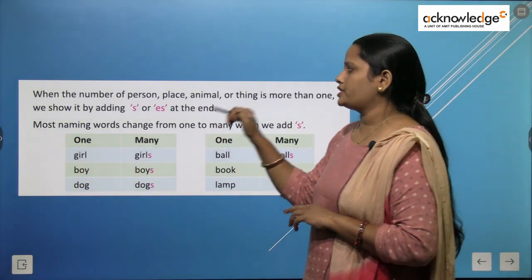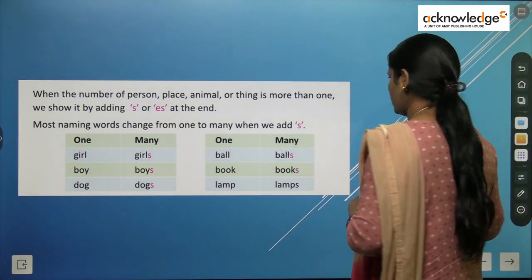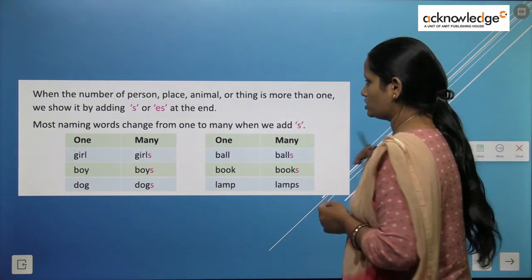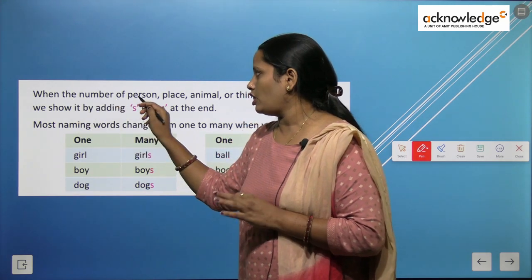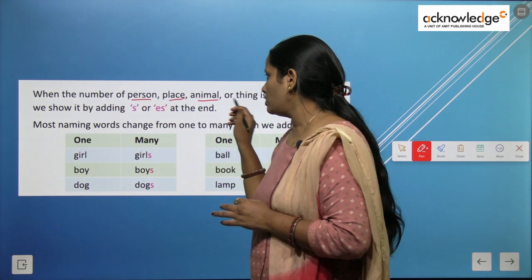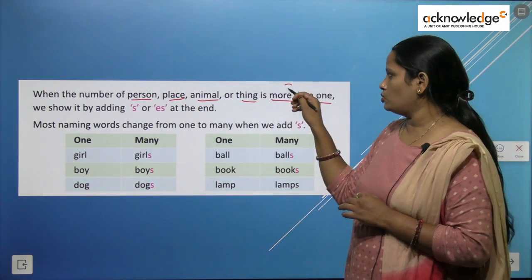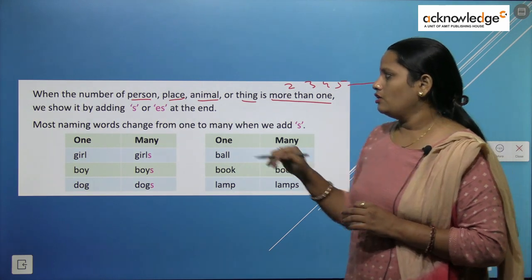Now, when the number of person or place or animal or thing is more than 1. In the previous page we learned about only one of those things. But in this page we are learning when the number of person, place, animal or thing is more than 1, meaning it is 2, 3, 4, 5 and so on. So, what do we do?